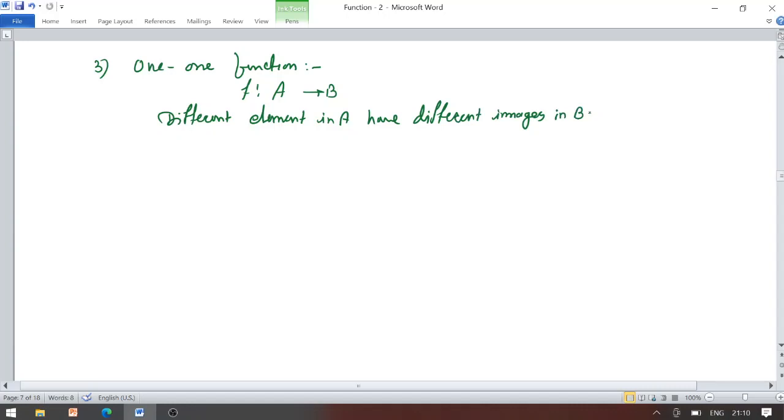Such types of functions are said to be 1-1 functions.